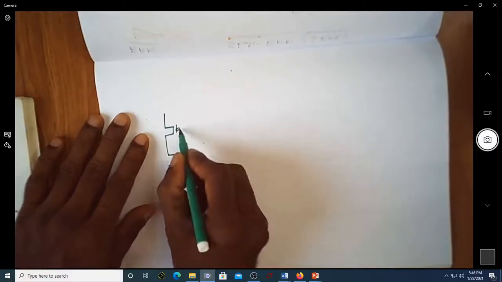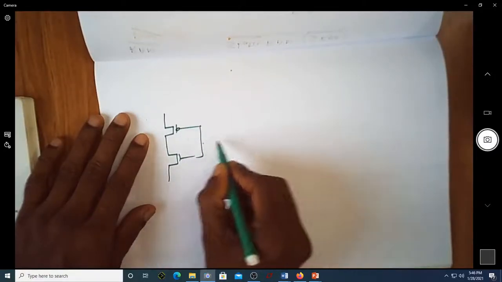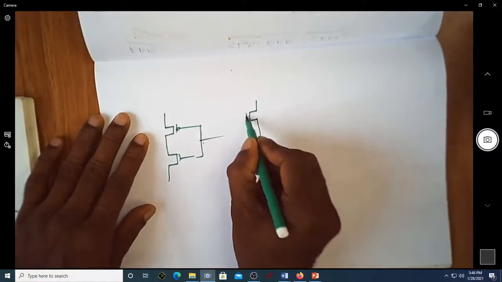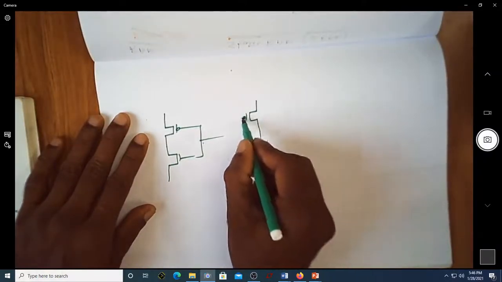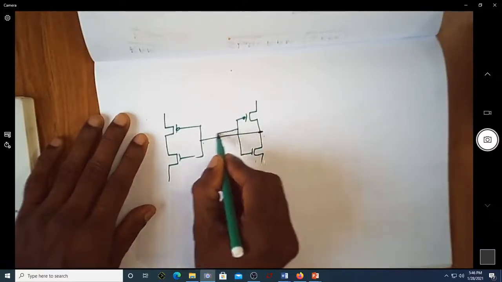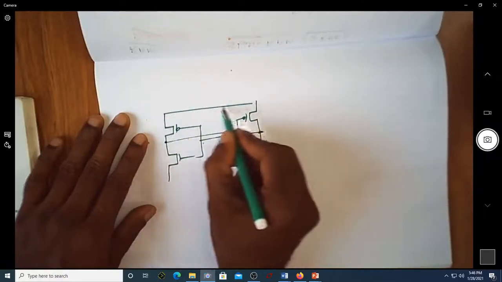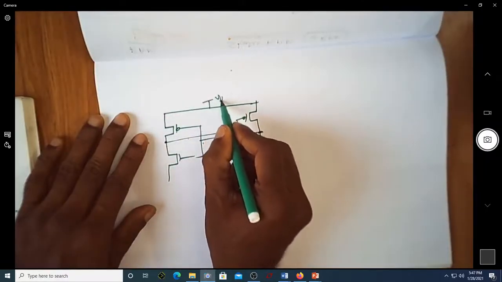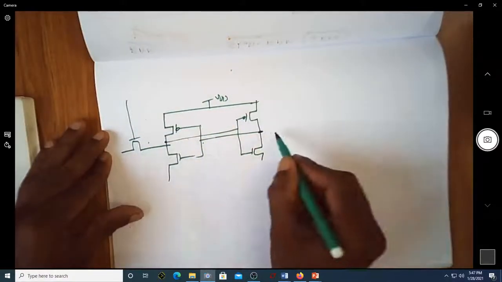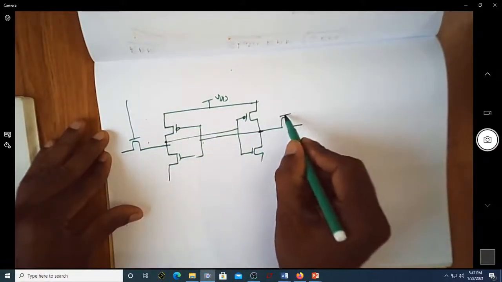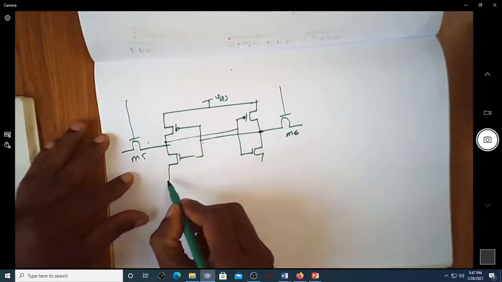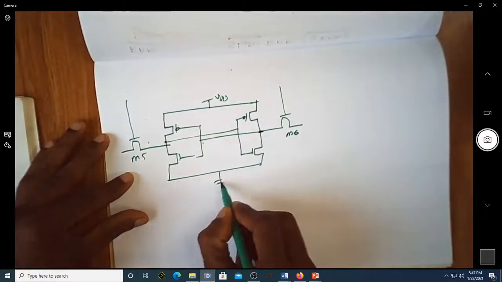So this is my SRAM structure. This is one inverter, and this is the second inverter. This is connected to this, and this is connected here, and you have this as VDD. Then I have a pass transistor M5, and one more transistor M6, and I have a ground here.